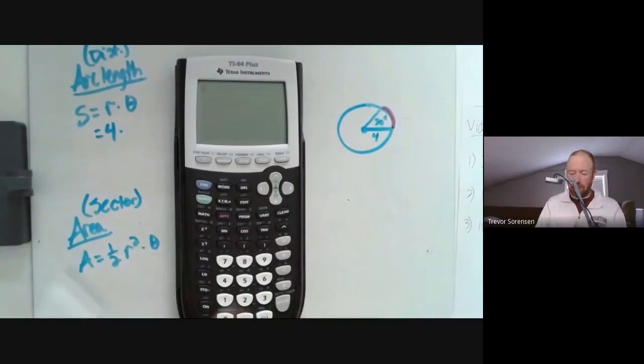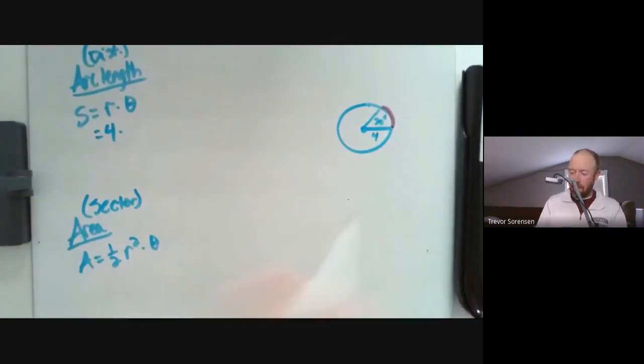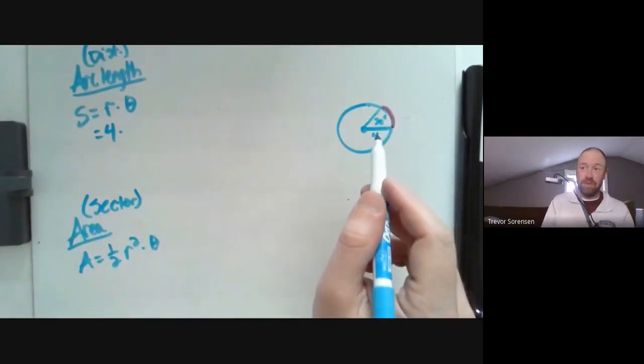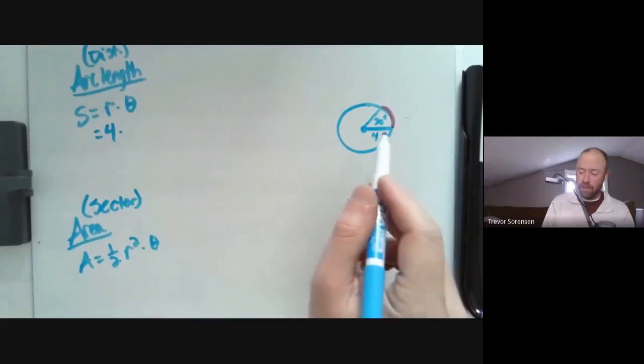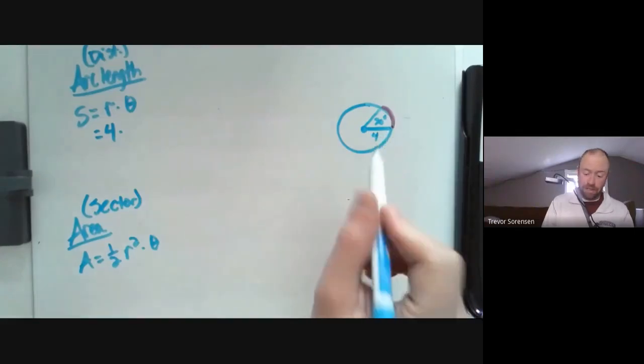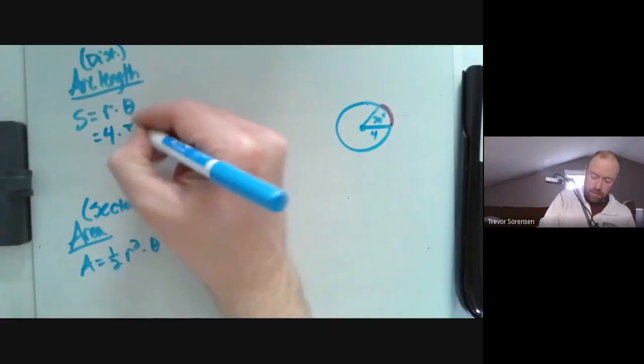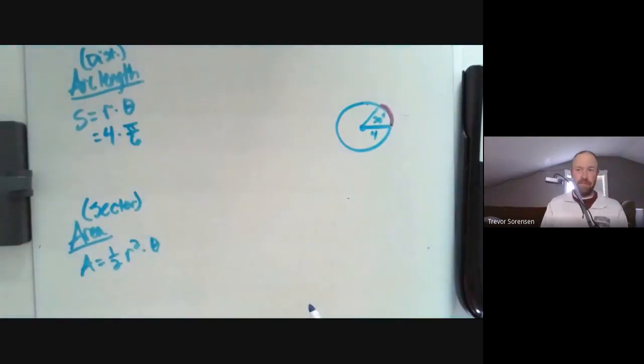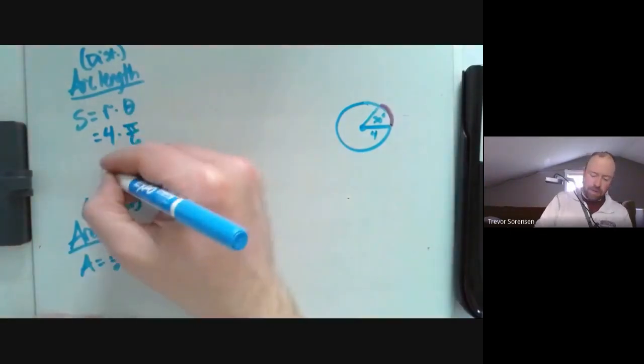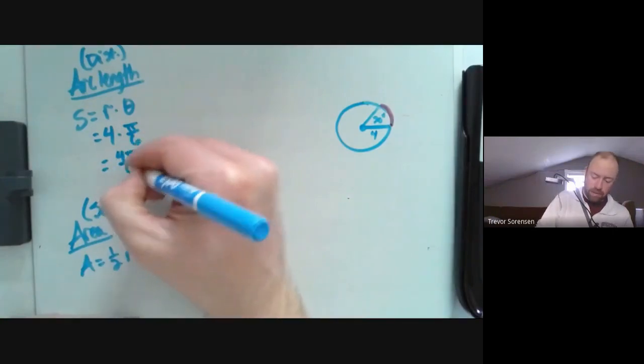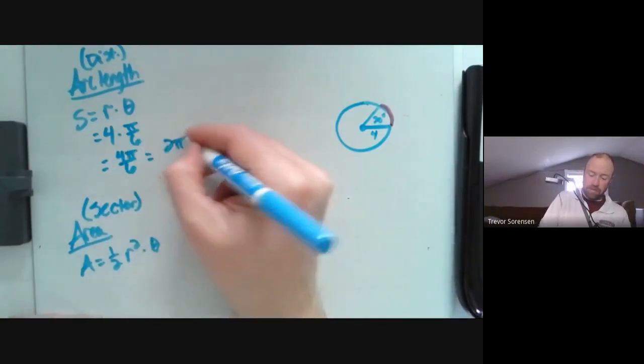Actually we don't even need this, what am I thinking? 30 degrees, hopefully you just use your unit circle to help you with that, right? 30 degrees lines up with pi over 6. So I'm going to put pi over 6 for my theta. So this is going to be 4 pi over 6, or I could reduce it to 2 pi over 3.